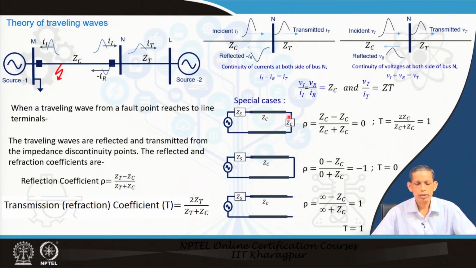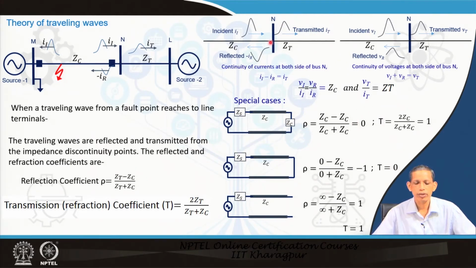Let us say a load impedance or a termination happens to be matching the impedance of the line. So the load or the termination has the same L upon C ratio, and that is why it is matching. In that case, the reflection coefficient rho becomes 0.